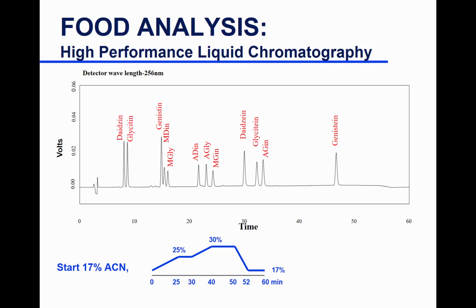After 35 minutes or so, after this one comes out, here around 30%, instead of keeping it at a plateau, you can increase it to 40%, for example. Then this one is going to come out sooner because now the mobile phase is more favorable for that less polar compound. So then I can probably bring it up to 40 minutes or whatever.